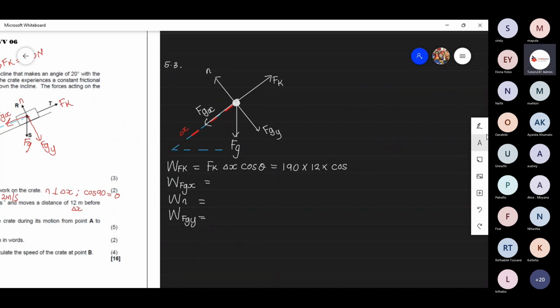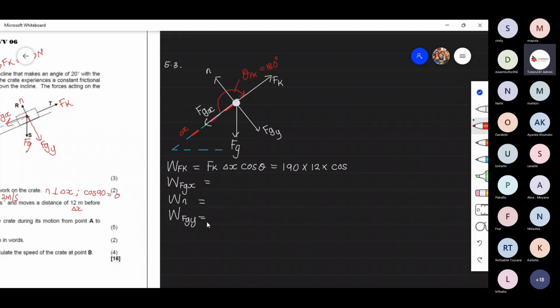So if we look from our displacement vector to the vector of FK, we can see that theta of FK is equal to 180 degrees, because they are along the same line but moving in opposite directions, which means that a straight line is created whereby an angle of 180 degrees is subtended.